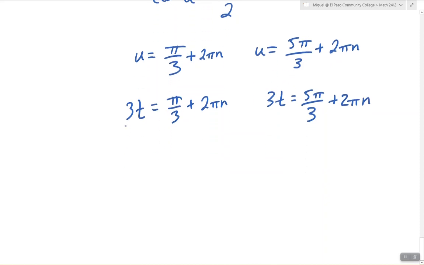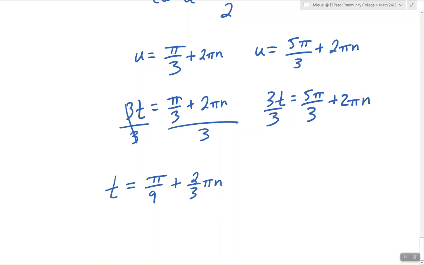So over here we will divide by 3. And notice this is going to divide the entire right side. So t, pi over 3 divided by 3 will be pi over 9. And this will be 2/3 pi n.